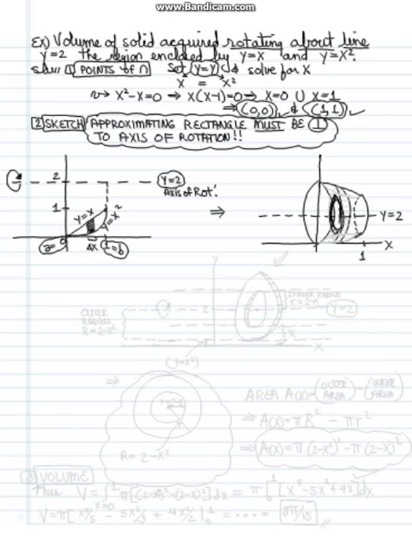You'll notice in the sketch on the left that both of our curves, y equals x and y equals x squared, live below the axis of rotation. That's important to note. Here's our disc that we're cutting out, and it does have a hole in the center, so it's one of the washers that we were discussing recently. We need to establish the outer radius area and the inner radius area, so we can take the difference between those two areas to get the net area of the face.